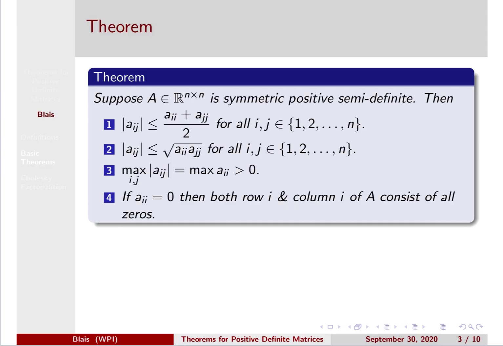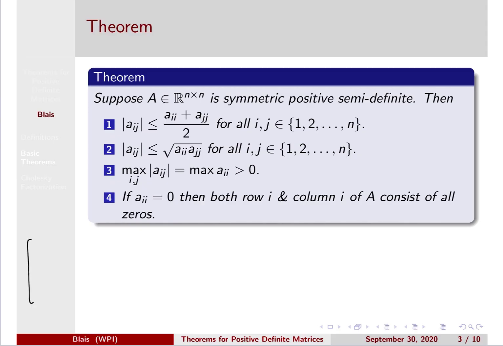Our first theorem is also something we looked at in our first lecture on this topic. Suppose that A is a symmetric positive semi-definite matrix. Then the absolute value of any off-diagonal entry is smaller than the average of the diagonal entries to which it corresponds.